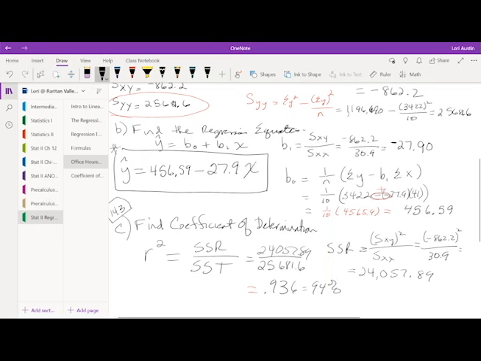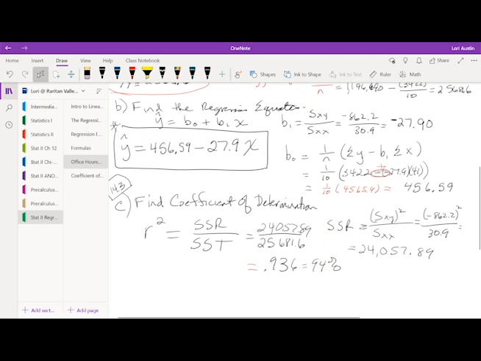You should be opening these problems in StatCrunch, because then you can see the scatter plot yourself. And that number should very much reflect the scatter plot of points really close to the regression line. So that means 94% of our variation can be explained by a regression line. So we got a really good regression line.